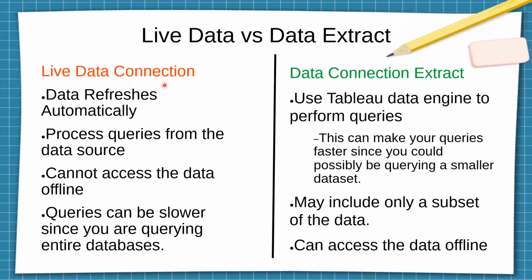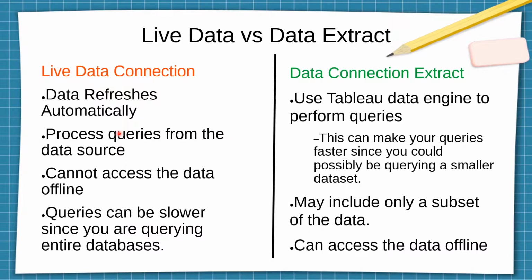When you have a live data connection, whatever request or whatever process you do in Tableau is being sent to the original data source. So whenever you click a button, whenever you do a calculation, all those calculations are being done from the original data source.